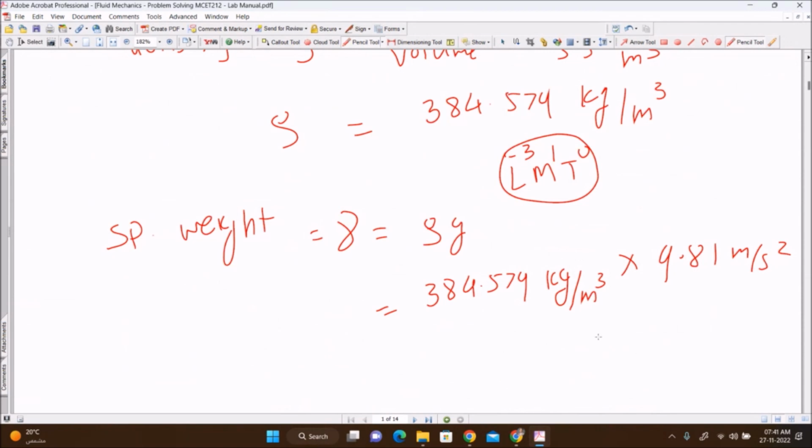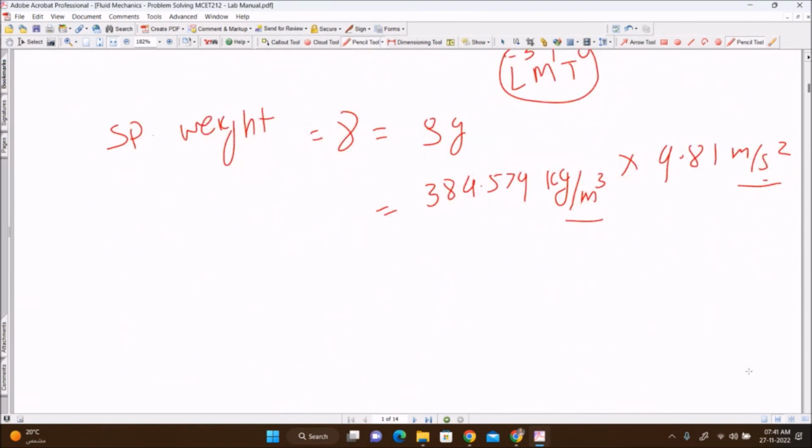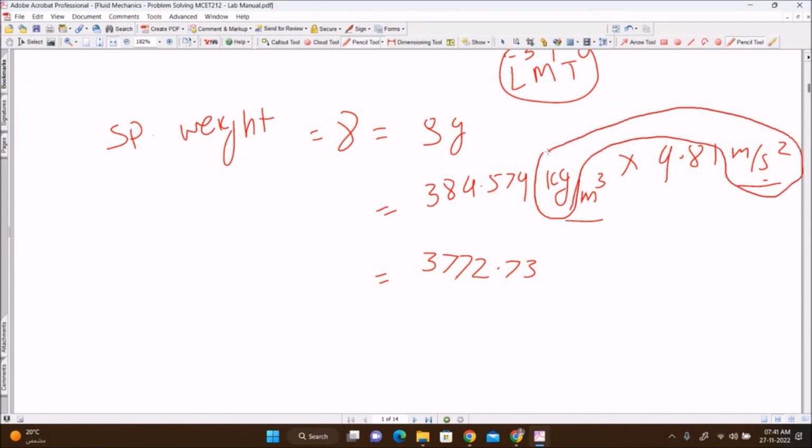I'm writing the unit here because we should understand the unit and LMT dimension. The answer will be 3772.73 kg meter per second square, which is a Newton as we studied, per meter cube. The unit of specific weight is Newton per meter cube.